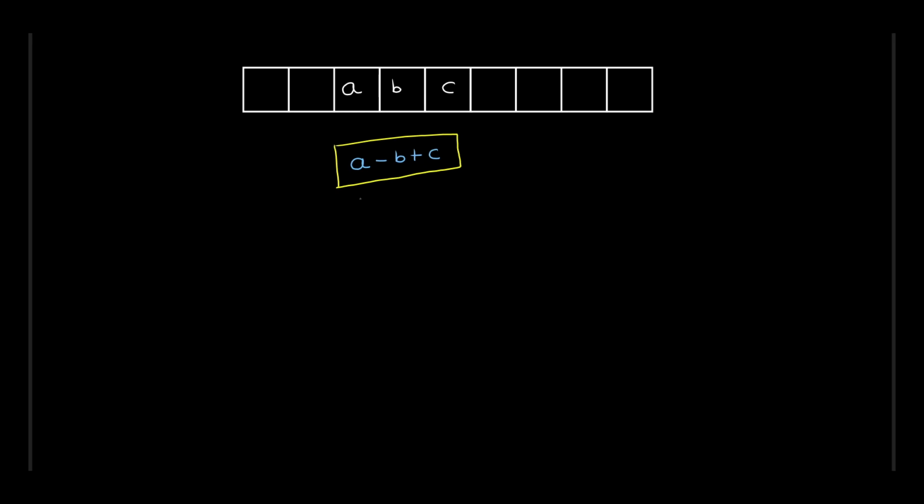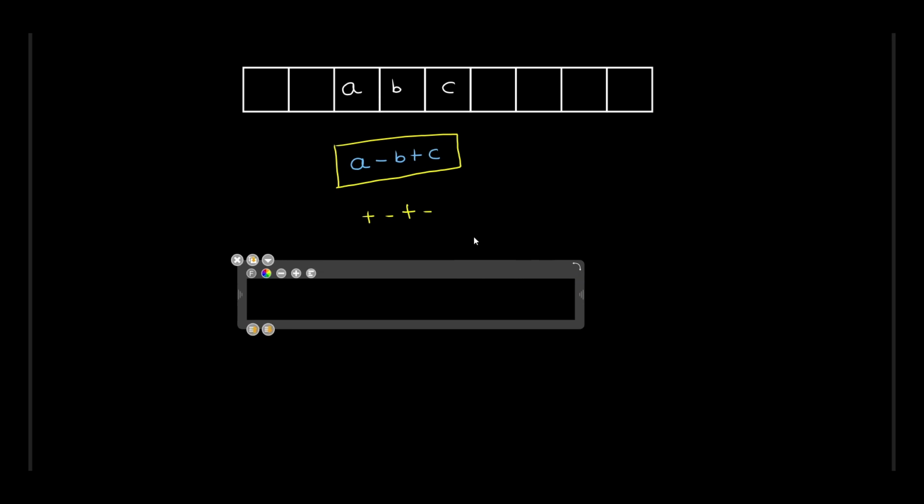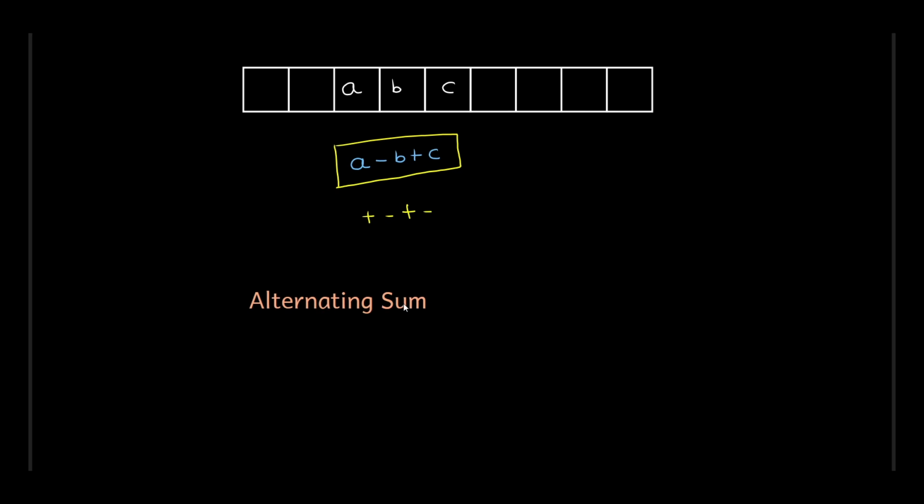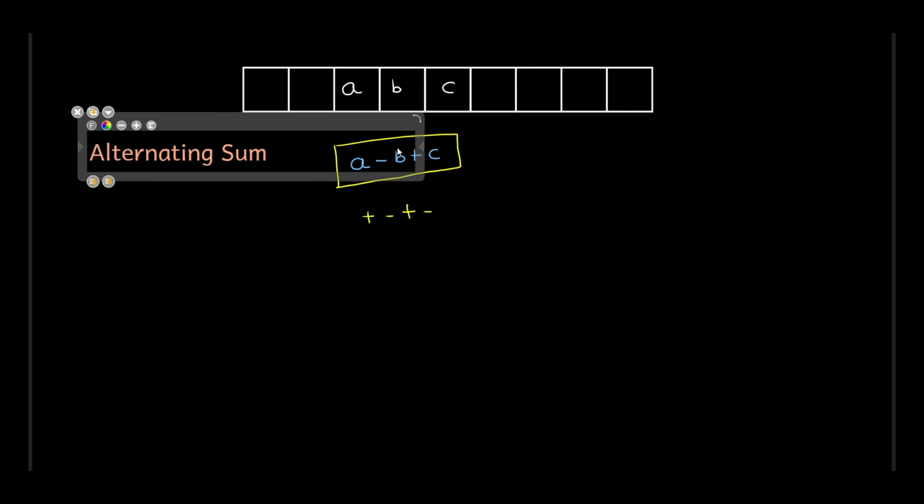With these 3 elements, this is nothing but your alternating sum, plus, minus, and so on. So let's formalize this. This is your alternating sum.